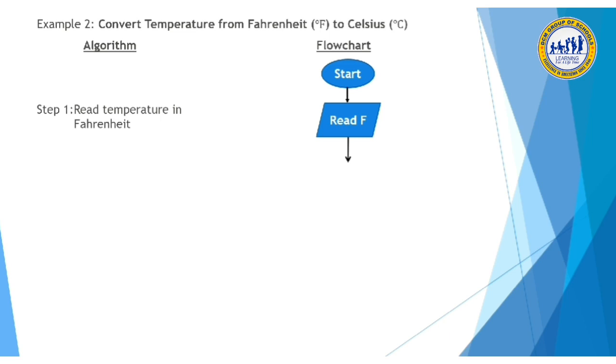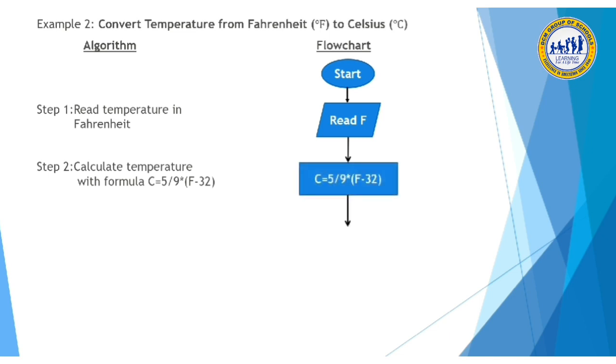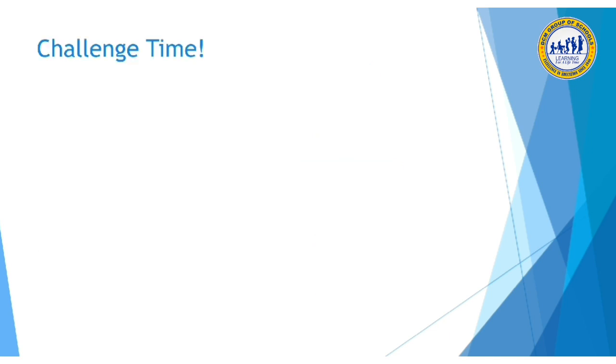Then convert it into Celsius using the conversion formula, and finally print the output on the screen. Hope you have got some idea about algorithms and flowcharts and how they work. Actually, these are some basic and essential things required to start with Python.